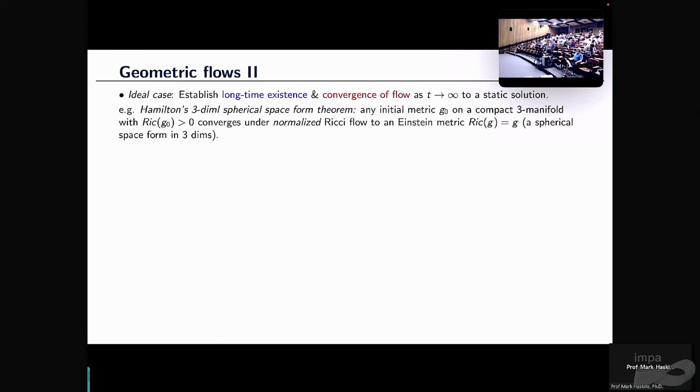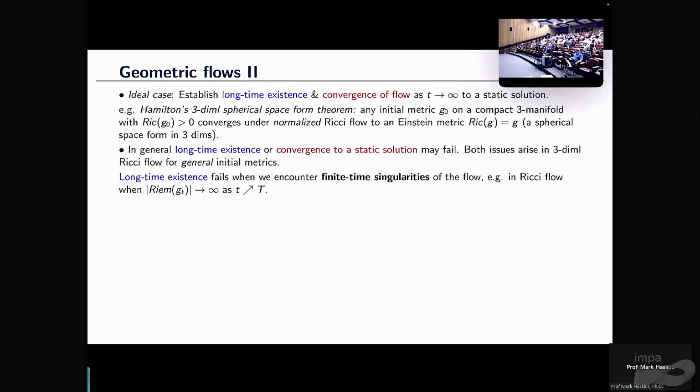So that's a sort of ideal, but often that ideal is unattainable. Even in 3-dimensional Ricci flow, long time existence or convergence to a static solution could both fail. And as we said, the long time existence will fail when we encounter finite time singularities.